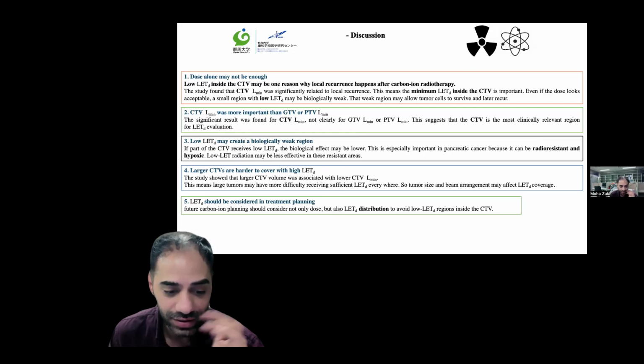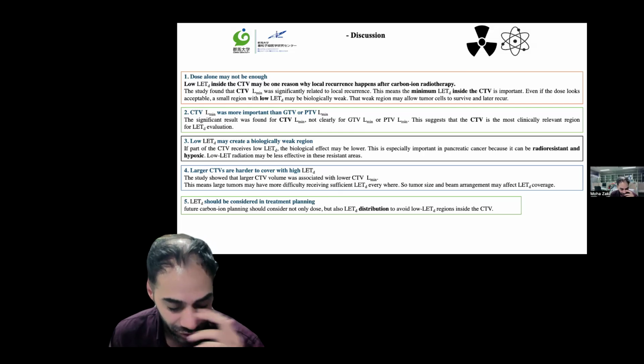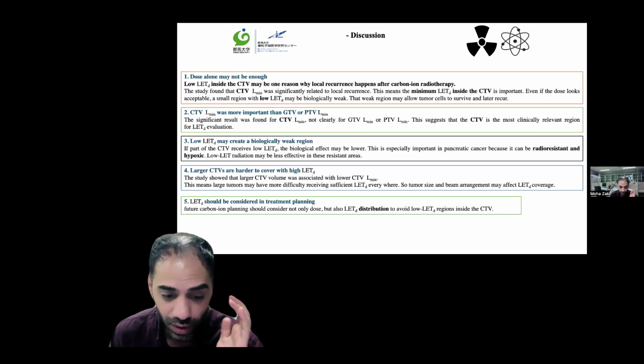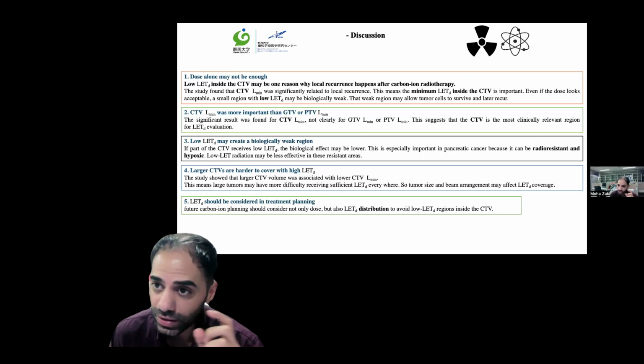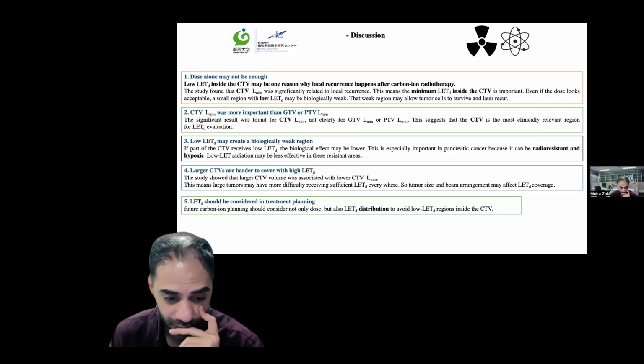Tumor size and beam arrangement might affect dose average LET distribution and coverage.